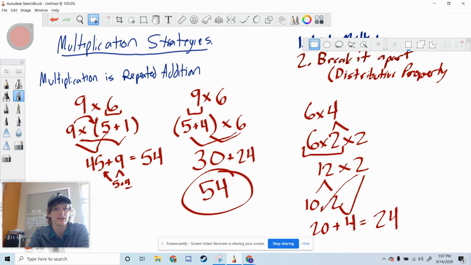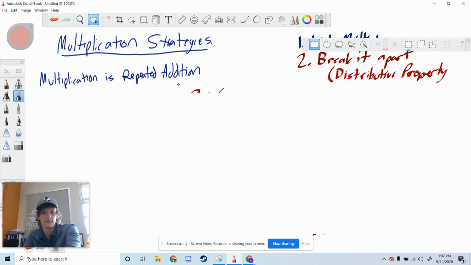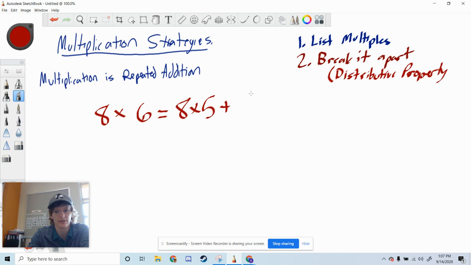I will do another one like that because I think that was very confusing probably. So let's go to 8s. How about 8 times 6? So I know what 8 times 5 is, because 5s are easy. So I'm going to rewrite this as 8 times 5 plus 8 times 1. Because that's 6.